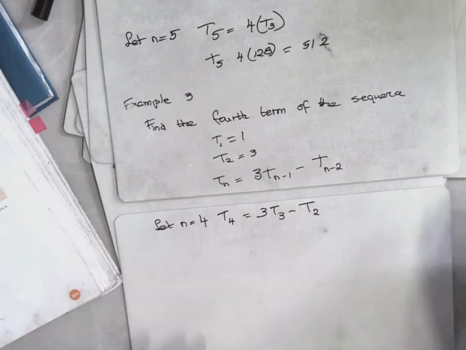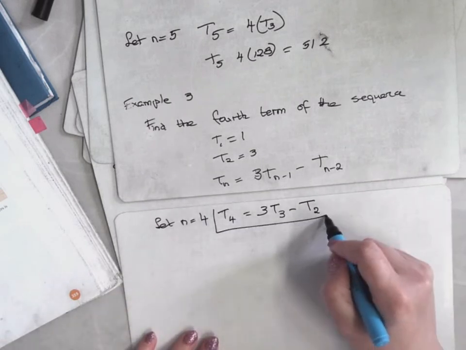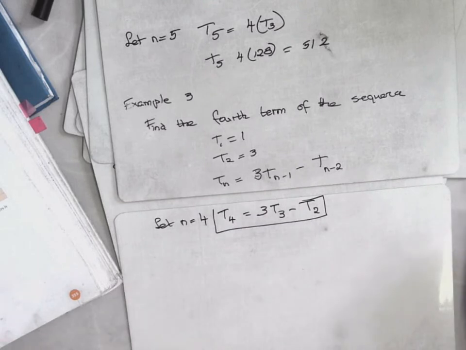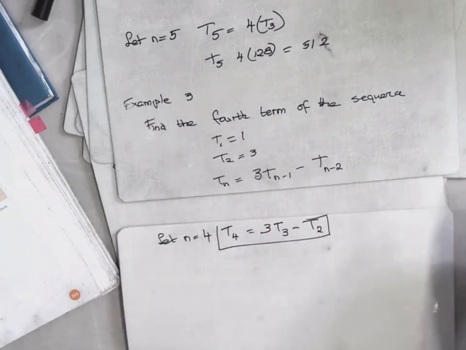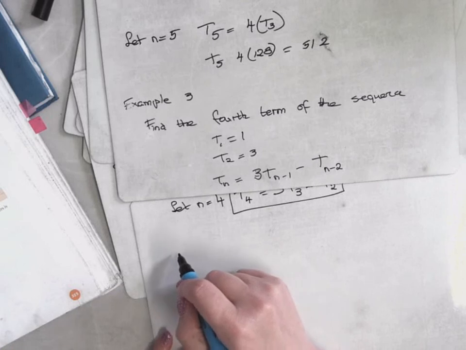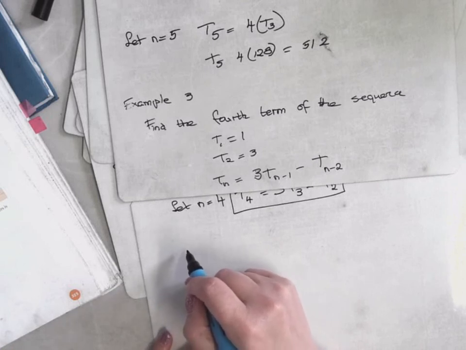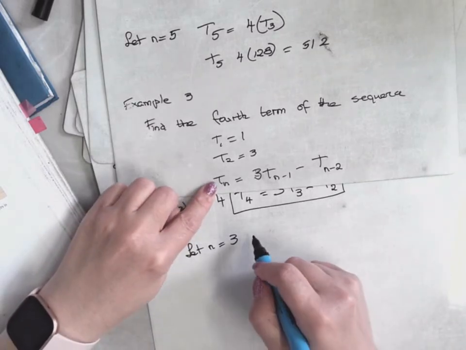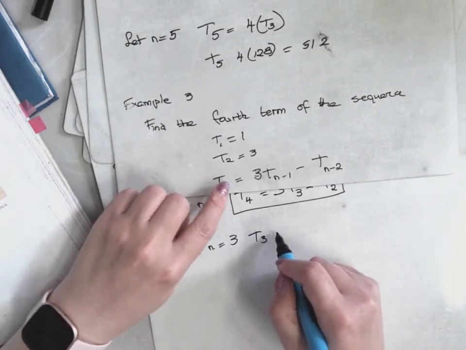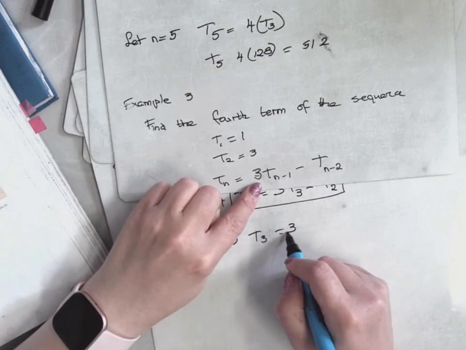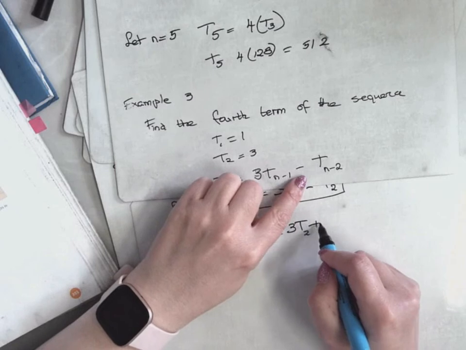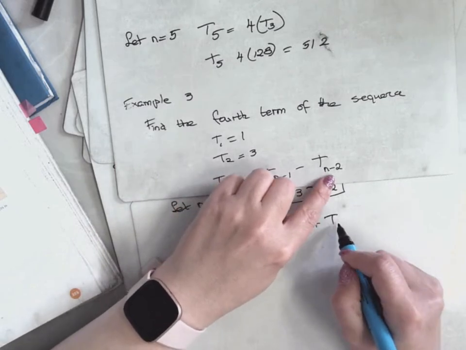Agreed? Okay, so I am going to have to park that for a minute, because I'm going to have to get term number 3. So term number 3, how will I get term number 3? What will I do? Let n equal 3. So term number 3 is equal to 3 times term number 2 plus term number 1.